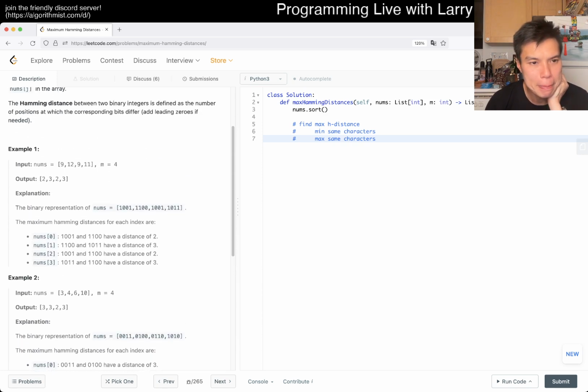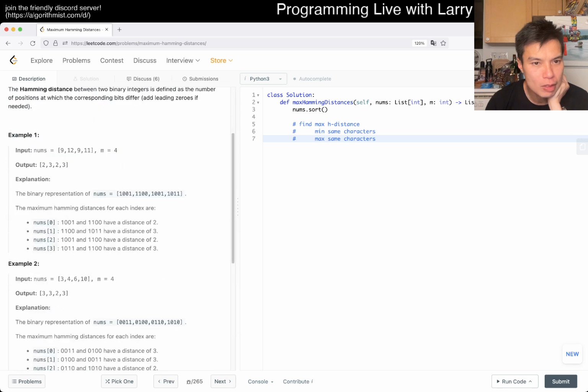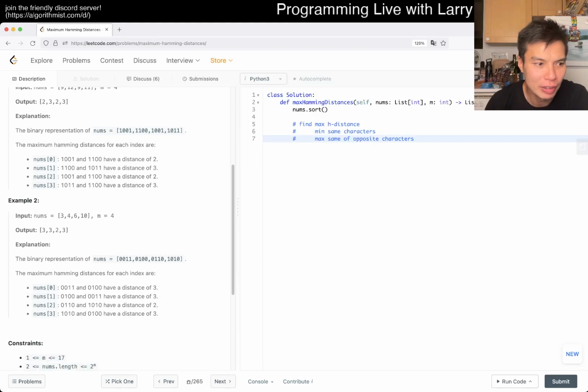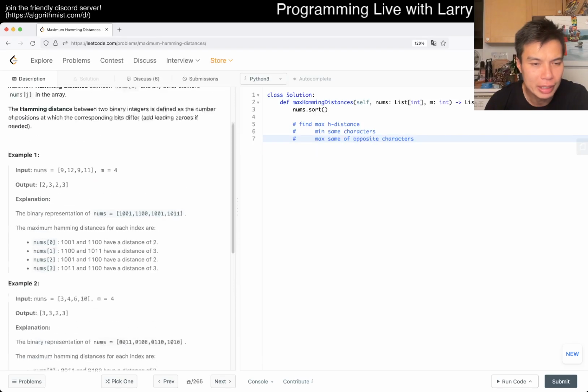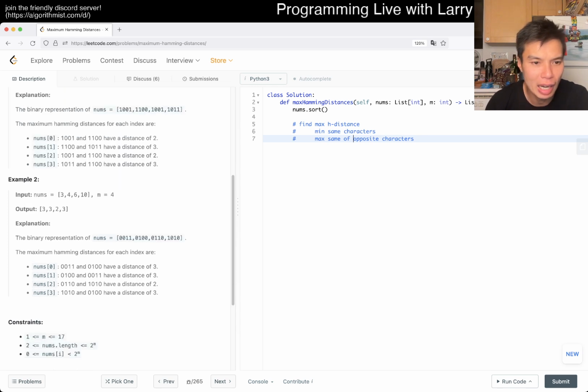But my thing is that these things are kind of nice, but max opposite characters, or same of something like this. I think for me right now, I'm just trying to think about the visualization, because basically now.